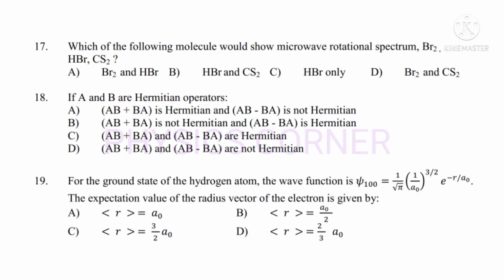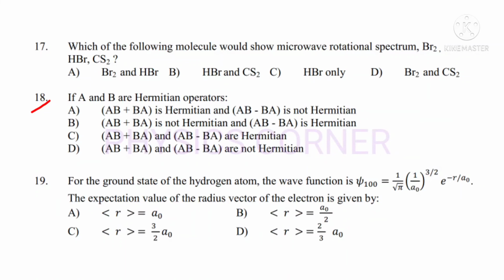The next question, if A and B are Hermitian operators, okay, let me tell you that it's already solved in my previous videos. You can just go back to those videos, especially for mathematical physics problems. Okay, you can see the solution there.